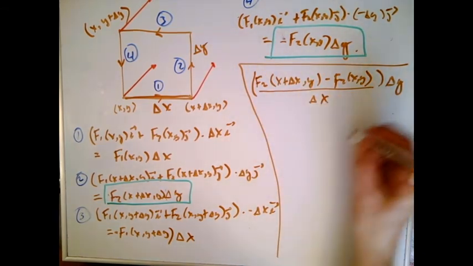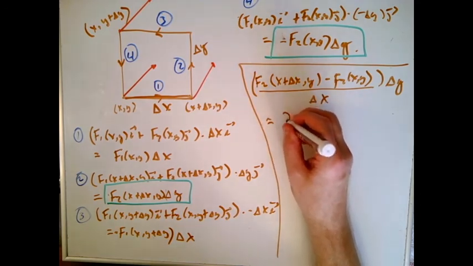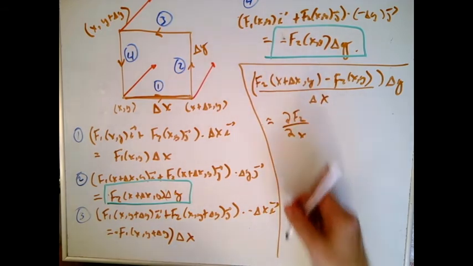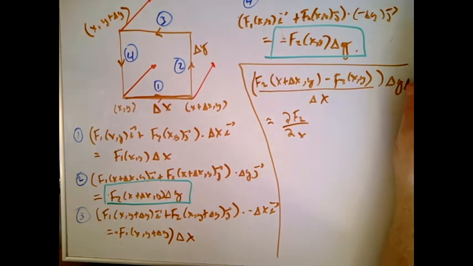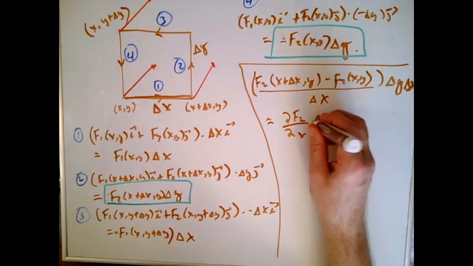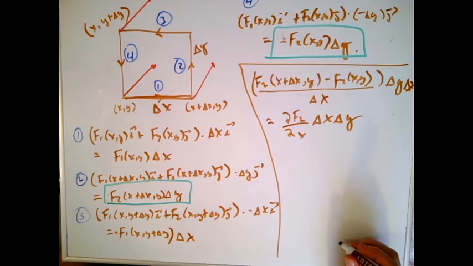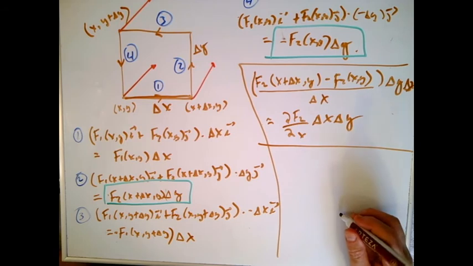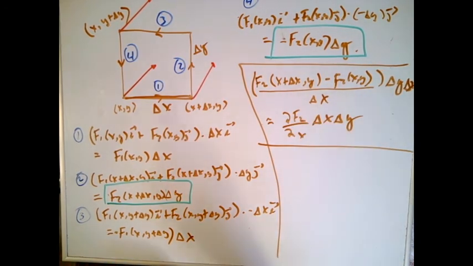So if there were delta x down here, what we'd really be looking at here would be the partial of f2 with respect to x. Now, I can't just throw a delta x down there. I can throw a delta x down there and throw a delta x up here, and so I'm going to get delta x, delta y, like that. So when I combine the two delta y terms, I get almost exactly the partial of f2 with respect to x times delta x, delta y.